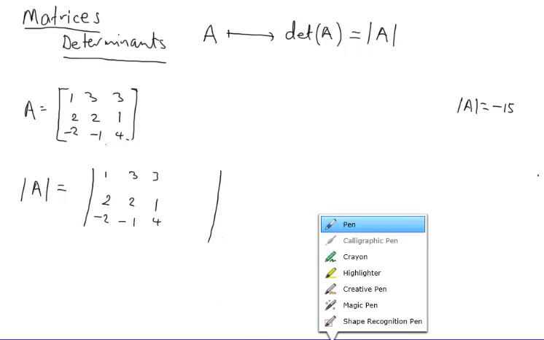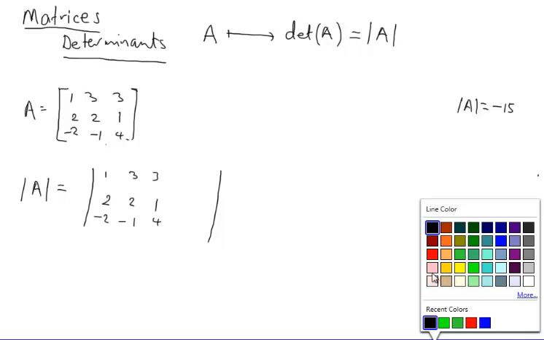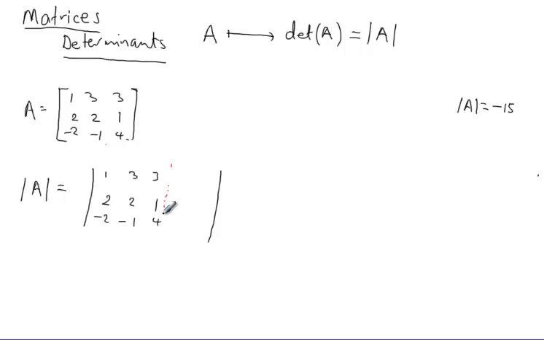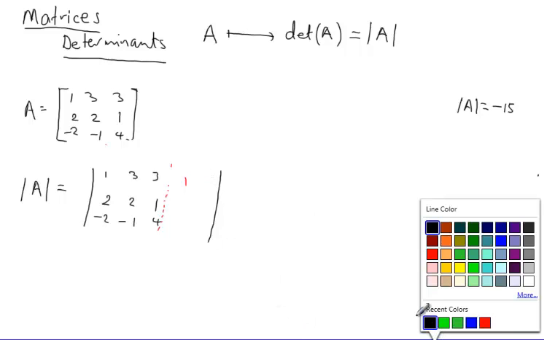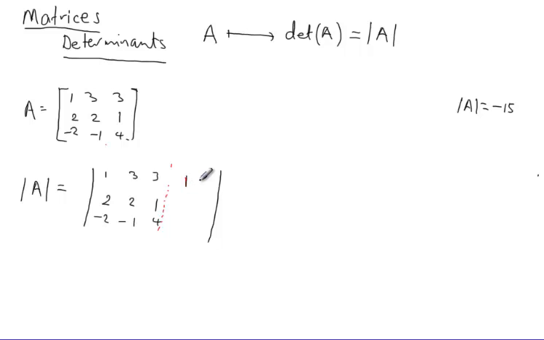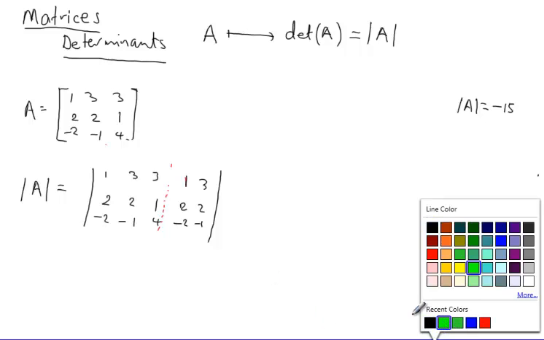Then just for making a kind of a mark for people to see what's happening here, I'm going to make this matrix a little bit bigger. I'm going to augment 2 things here and say 1, 3, 2, 2, minus 2, minus 1.